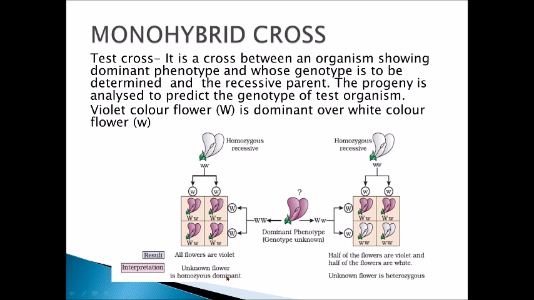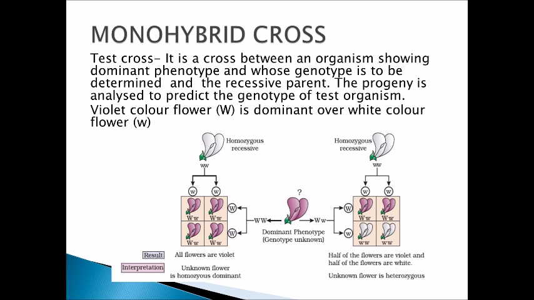And if 50% are violet and 50% are white, then the unknown flower is heterozygous. So this way the test cross is useful to find out the unknown genotype in which the dominant phenotype is shown.